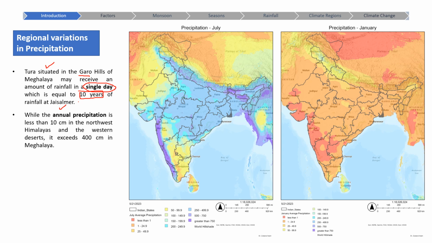And you can see the difference in the annual precipitation also. In the Western Himalayas, these areas, the precipitation is less than 10 centimeter.